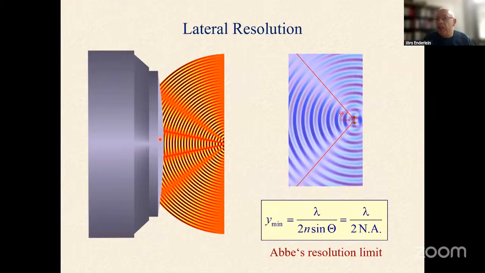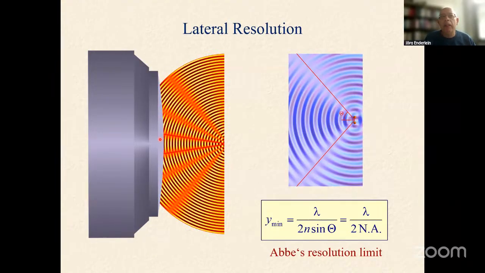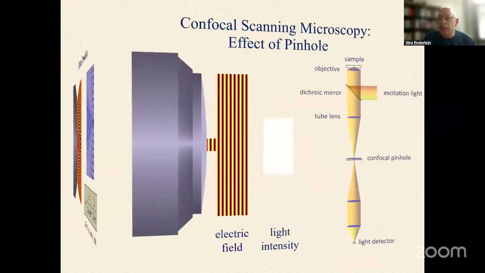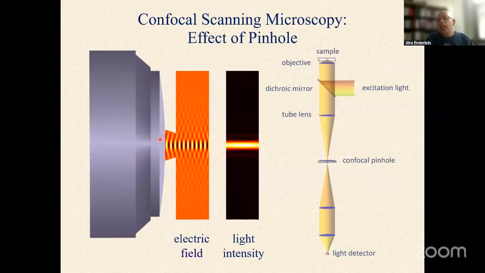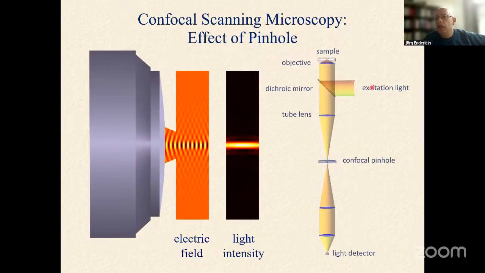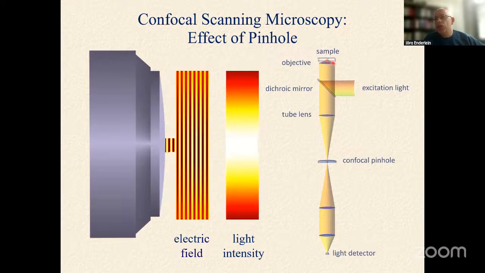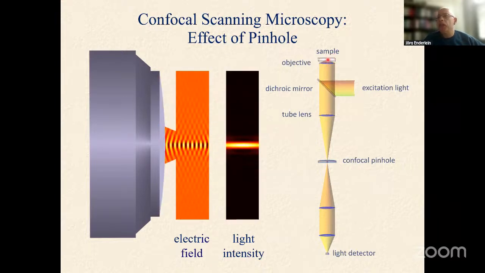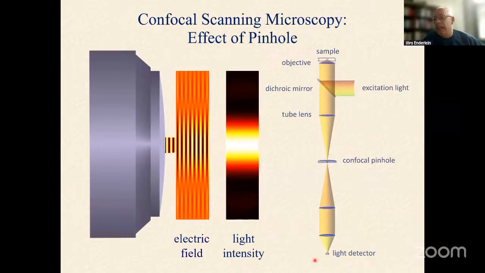Of course, in the 20th century, a new modality came into play, which is confocal scanning microscopy, which is working in a different way. In the confocal scanning microscope, you are focusing light in a very tight focus into your sample. Then you scan this focus over your sample point by point, and at each scan position, you record the fluorescence signal which is excited.